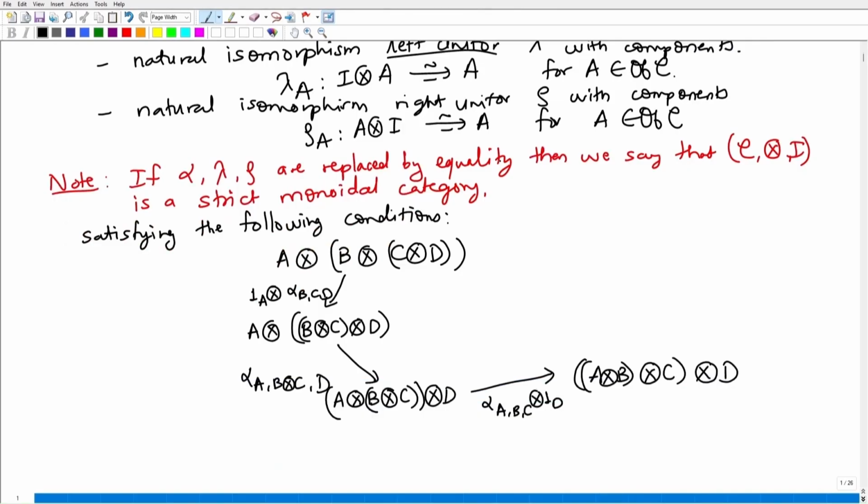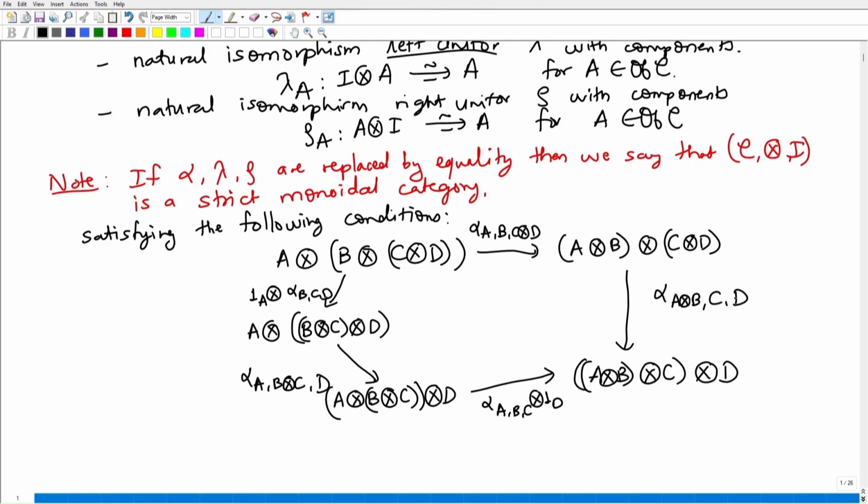Yeah, another one from here to here. Alpha A comma C tensor D. Yes, C tensor D is a new object, so that can be used. And we will get A tensor B tensor C tensor D. And from here to here, now we have something. What should we do? Alpha A tensor B comma C comma D.